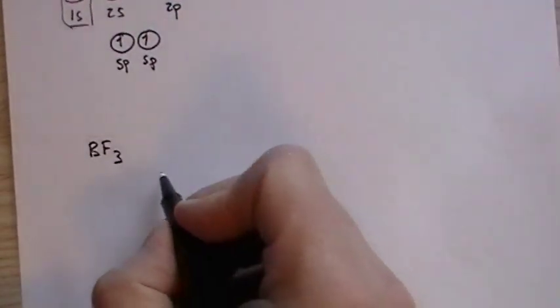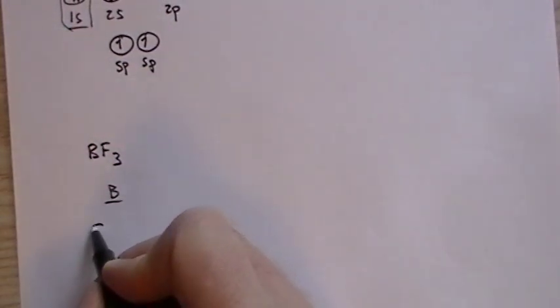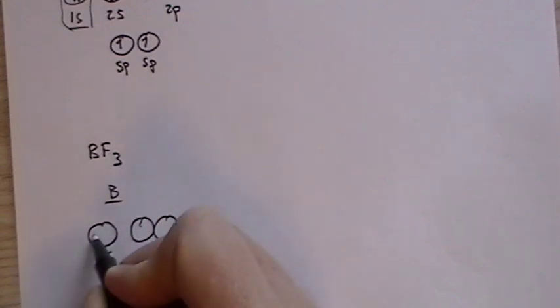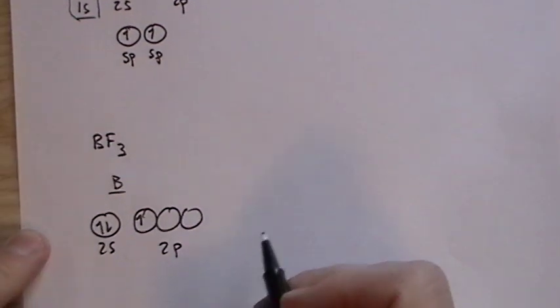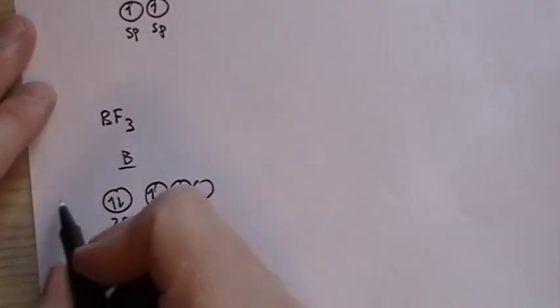So for boron, let's write out the orbital diagram. This is what you may be asked to do, writing it out only for the valence electrons. Boron is 1s2, 2s2, 2p1. We don't have to draw the core electrons.